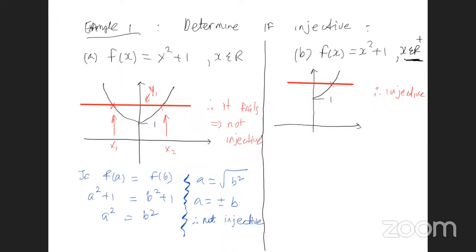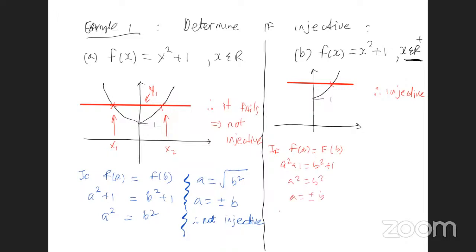You don't try the mathematical part as well? Yeah. It's injective. If f of a is equal to f of b, then you will get a squared plus 1 is b squared plus 1. A squared is b squared, a is plus and minus b.